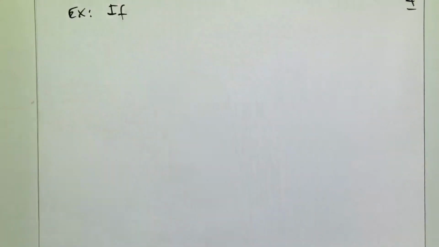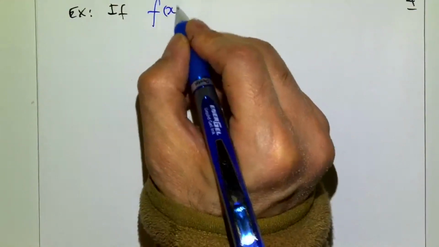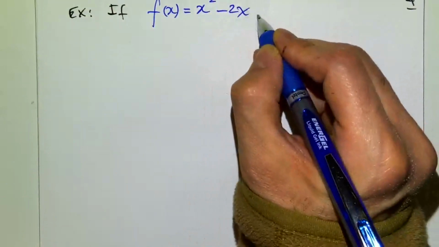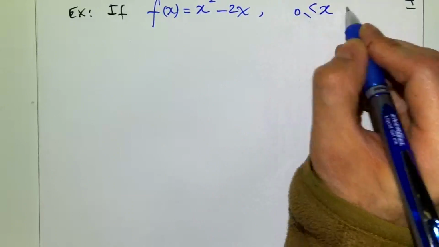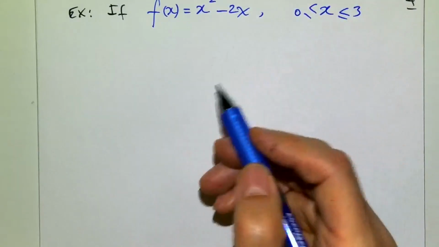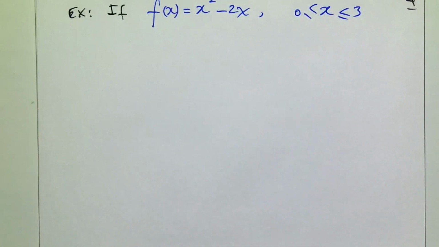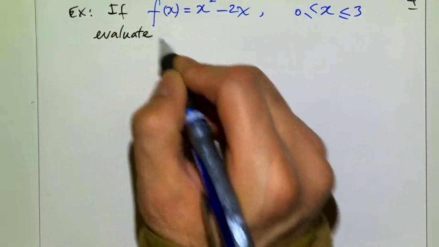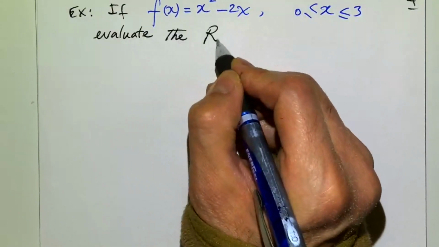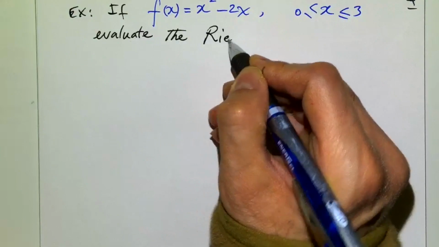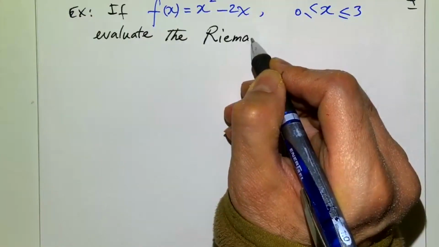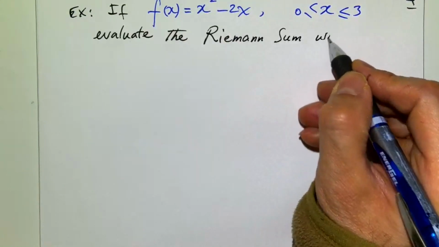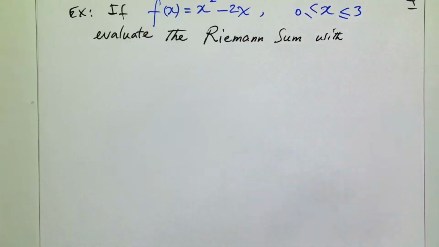Suppose we have a function f of x equals x squared minus 2x over the closed interval from 0 to 3, and we want to evaluate the Riemann sum. We talked about this in section 5.1. The Riemann sum with n equals 6.